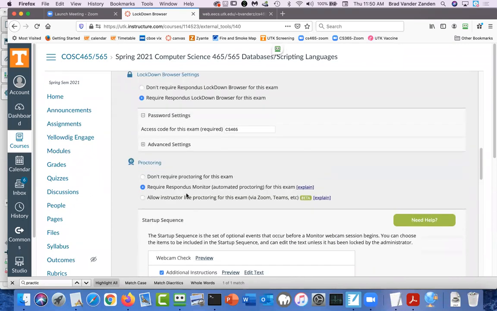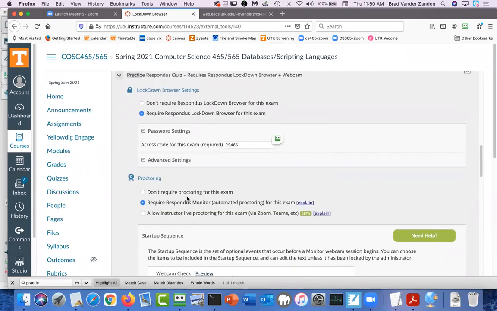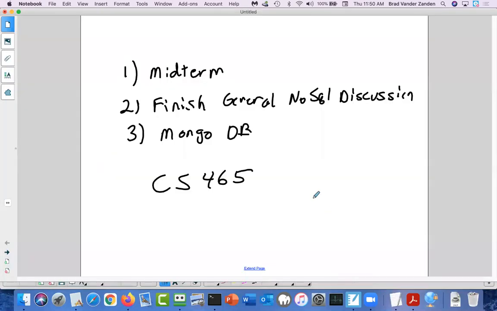To the person who asked, can you do it? Yes, you should be prompted for an access code, and you can just enter cs465, I believe.